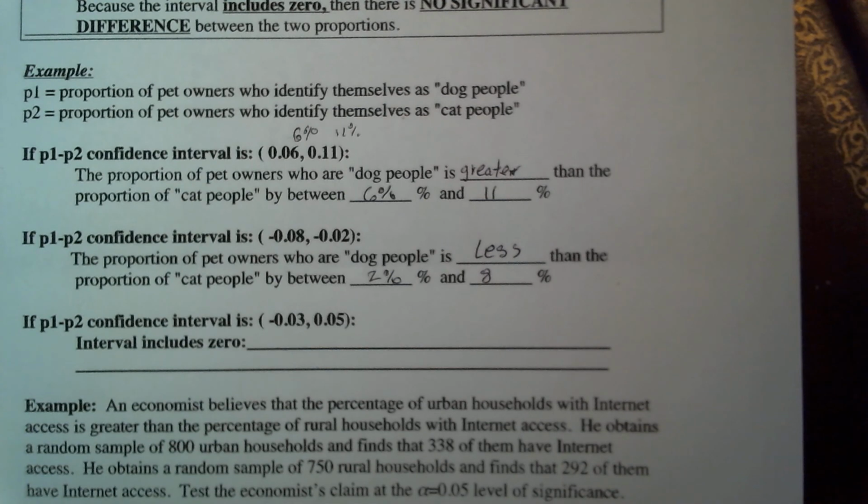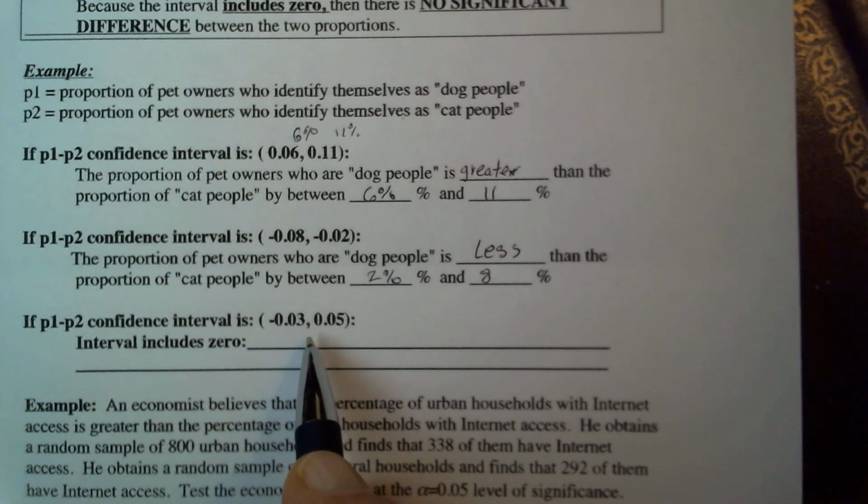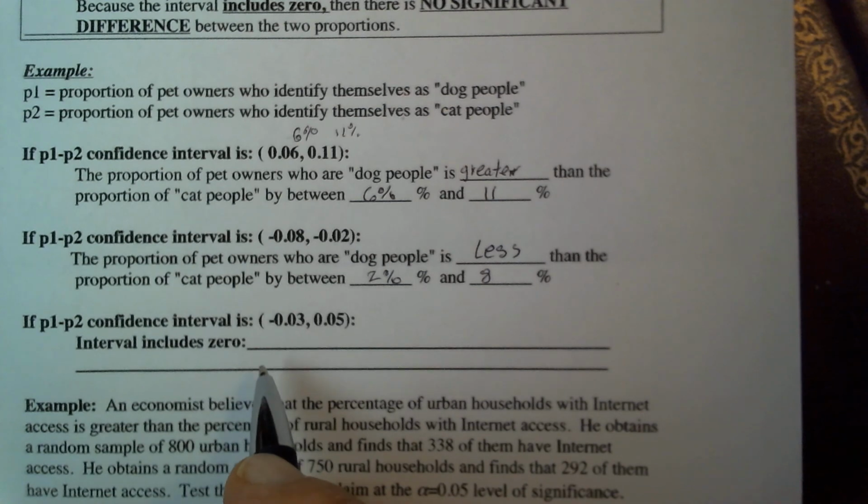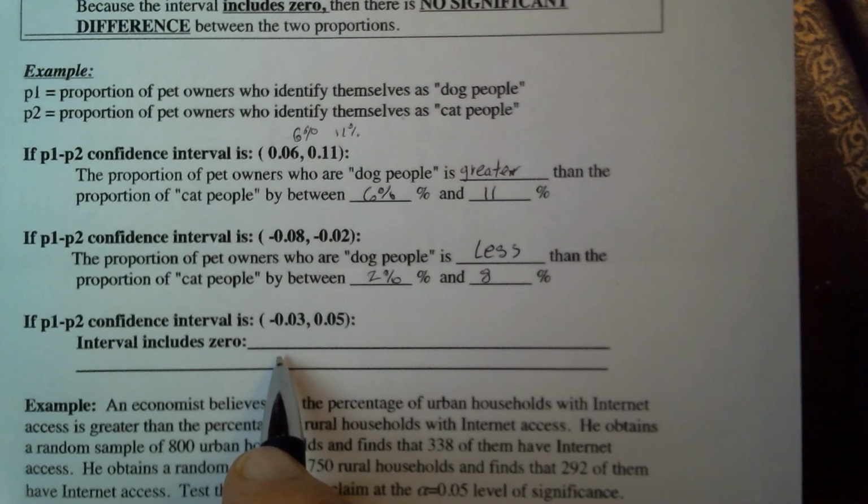And example number 3, if the P1 minus P2 confidence interval is minus 0.03 to positive 0.05, we notice that this interval includes 0. And so we can say there's no significant difference between the proportion of pet owners who say they are dog people and the proportion who say they are cat people.